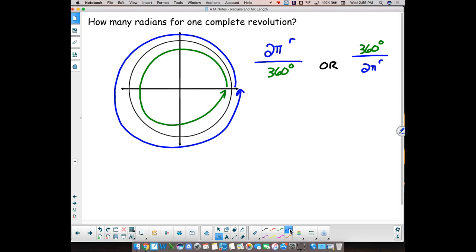If I reduce those, I get our conversions: pi radians over 180 degrees, or 180 degrees over pi radians. And we'll use those tomorrow when we convert degrees to radians and radians to degrees. Those are your conversions. Okay?